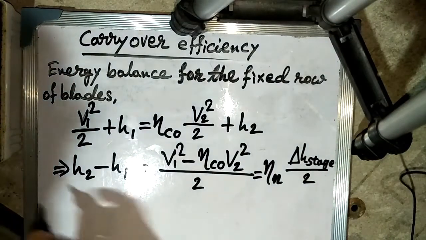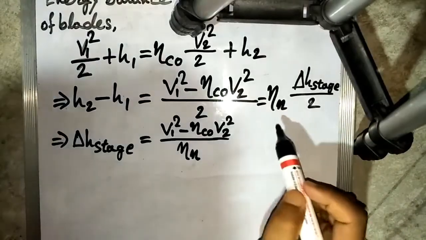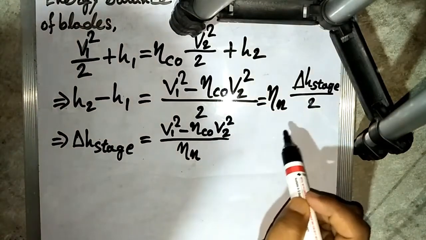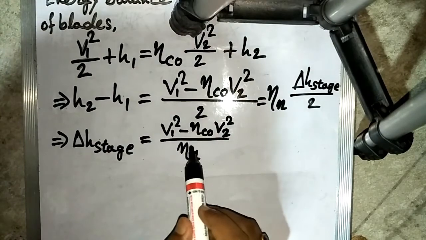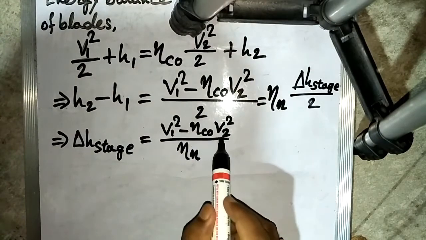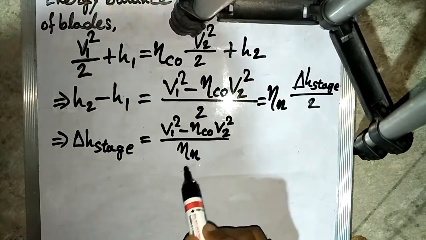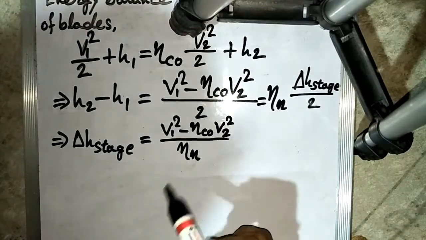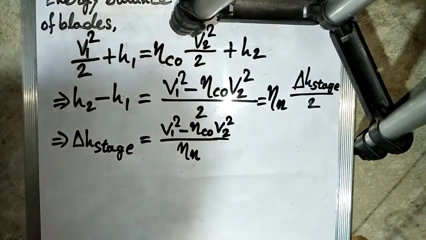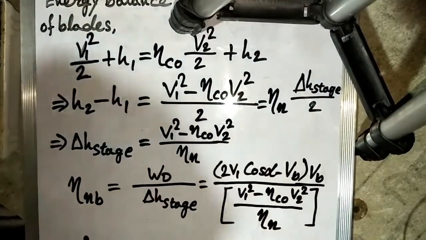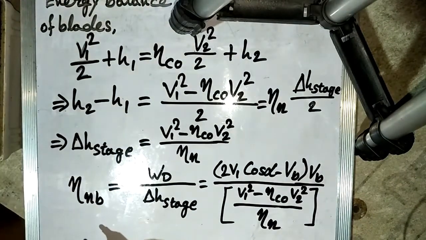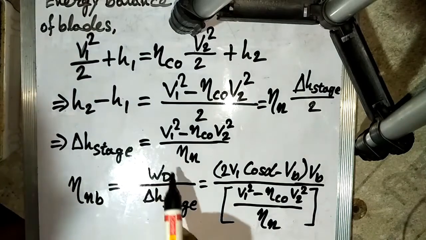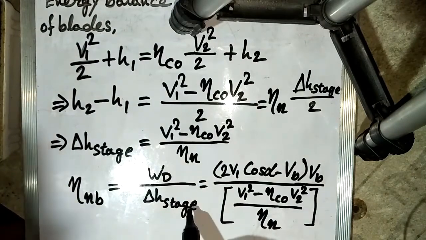From this expression, we get the stage enthalpy drop equals V1 square minus carryover efficiency into V2 square by eta n. So this is the expression for stage enthalpy drop. Therefore the combined nozzle and blade efficiency, eta NB, equals WD, the diagram work, by the stage enthalpy drop.